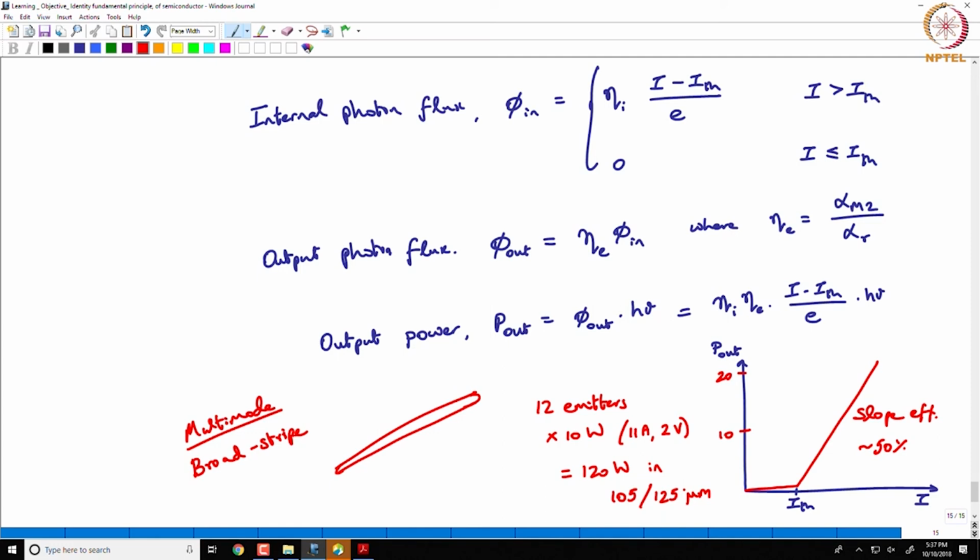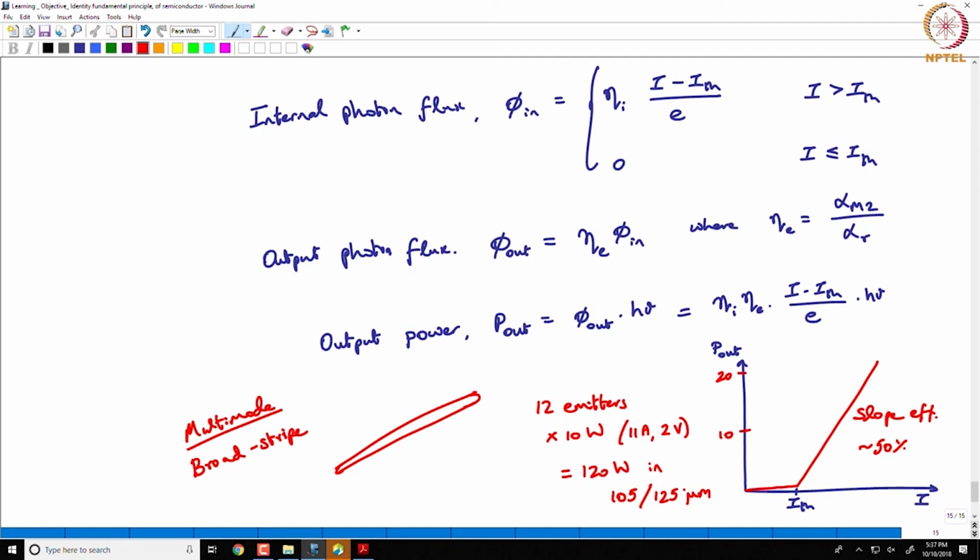It's generating heat. So, if I am generating 120 watts of optical power, I am generating 120 watts of heat also. So, now I need to have these cooling plates. These lasers are typically mounted on cold plates, where we circulate cold water, so we can keep the operating temperature in the order of 25 to 30 degrees centigrade.